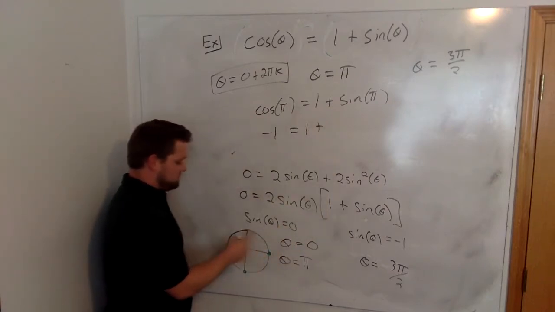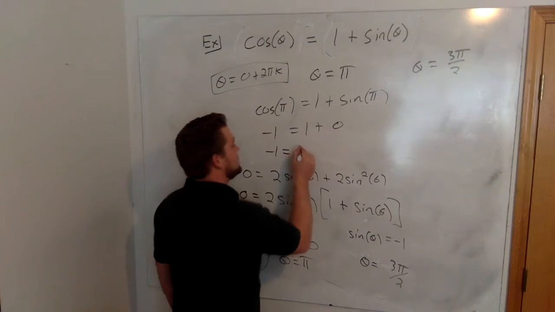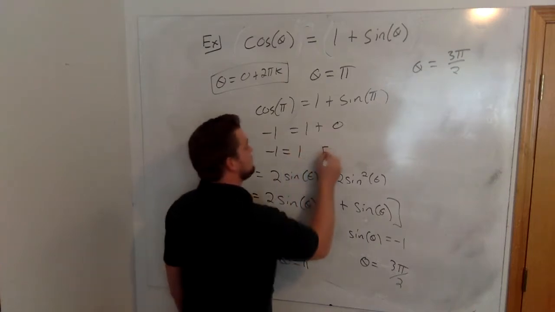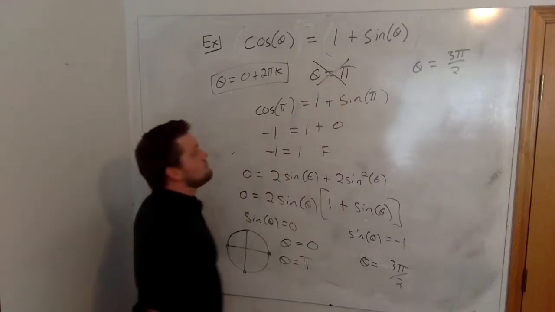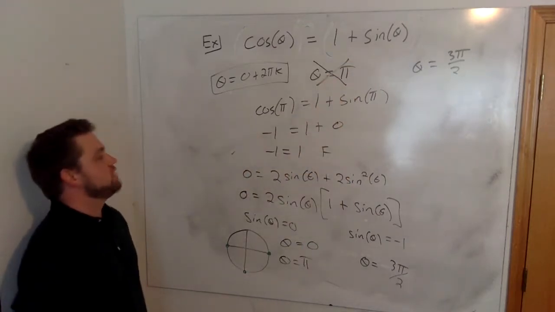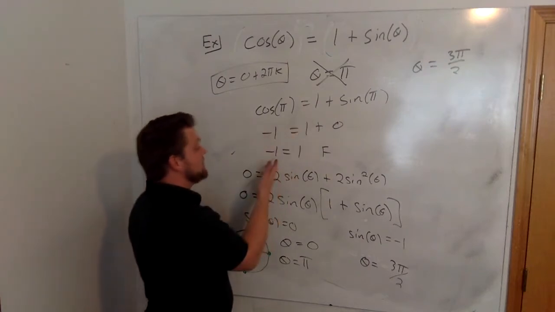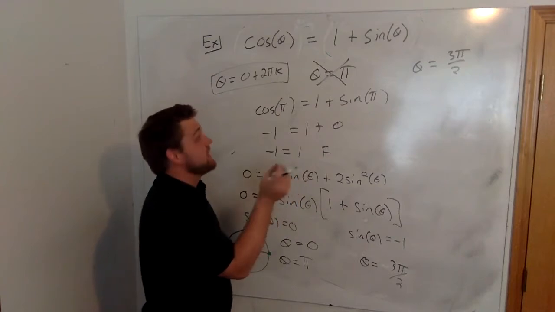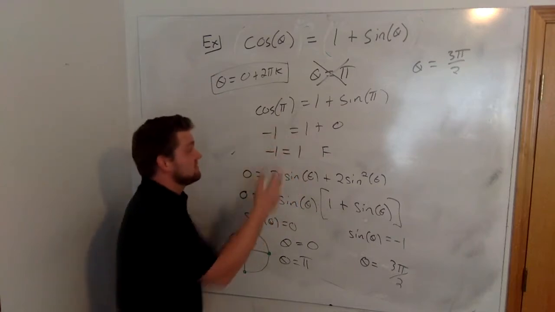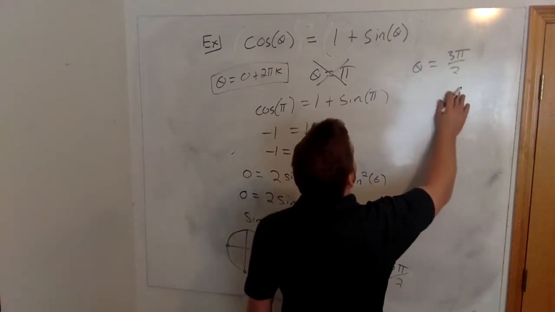Okay, but the sine of pi is 0, so here we get that -1 is equal to 1. This is a false statement, so this is an extraneous solution that we picked up when we squared both sides. This will not work. Notice here, when you do plug in pi, for example, you get -1 equals 1, but when you squared both sides, you got 1 equals 1, and that's why this solution popped up. It's this extraneous solution. Okay, this one won't work. Okay, let's check 3 pi over 2.